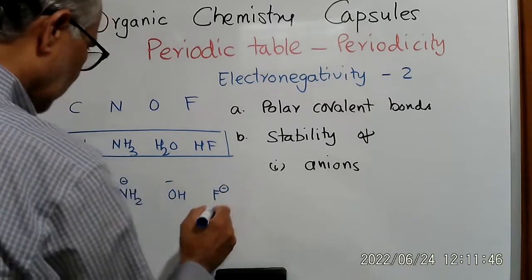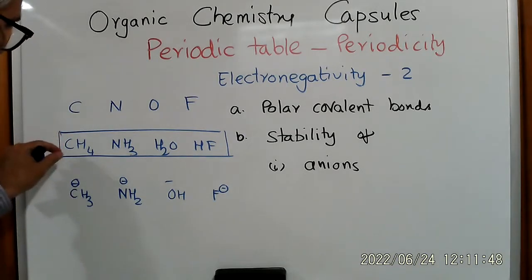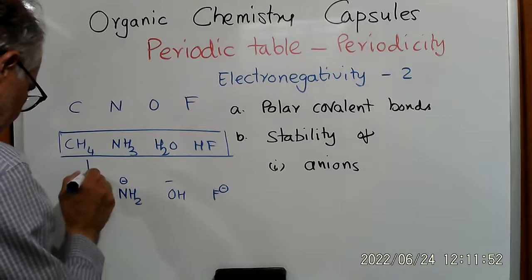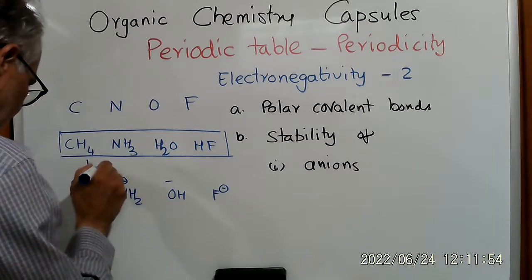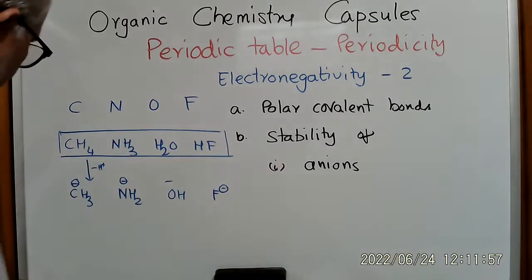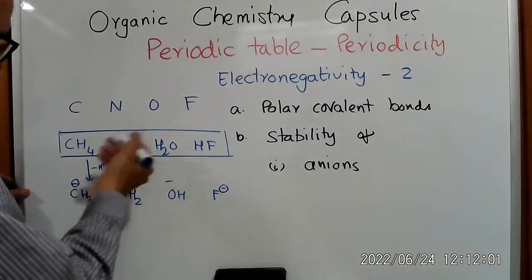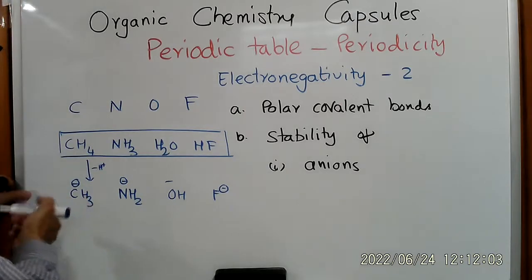I just removed an H plus from each. For example, you can do this by removing H plus. How, we'll talk about that later, but say a strong base comes in and removes a proton from CH4, you get CH3 minus.